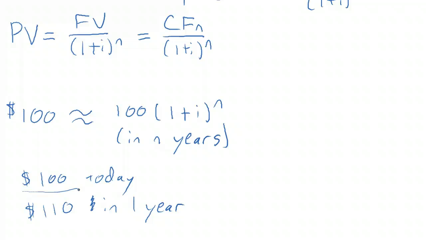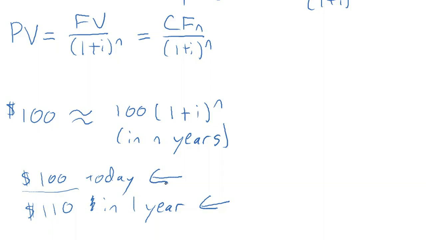Likewise, if I knew that I was going to receive $110 in 1 year, but I wanted $100 right now, I could go to the bank and take out a loan of $100. Of course, I have to pay back $110 in 1 year, but exactly 1 year from now, I'm going to be receiving $110. So I'll just use that to pay it back, and now, essentially, I have the $100 today.